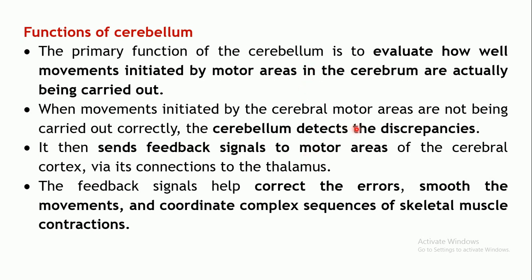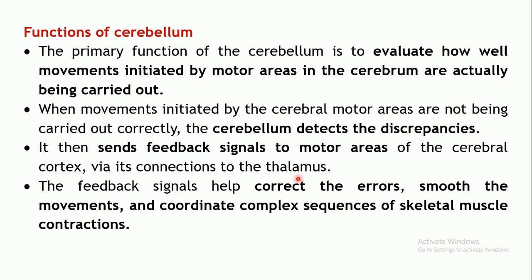Now supposing if there are some discrepancies, if it is not appropriate, the cerebellum sends the feedback signals to the motor areas of the cerebral cortex. It has connections with the thalamus. So it sends the signal that something is not correct.